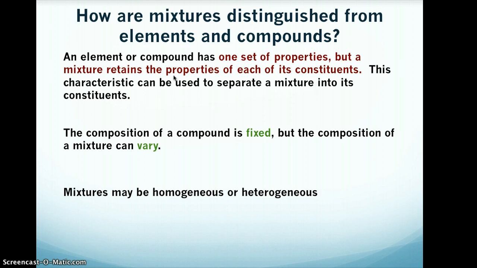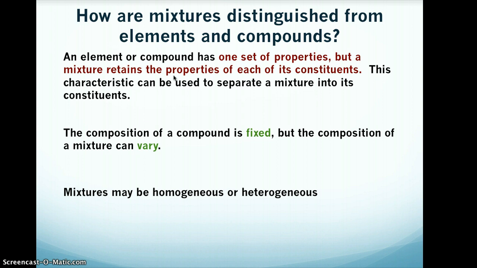Mixtures may look like they're unified, or they may look like they're made up of different substances. And we give those fancy names. For mixtures that appear to be uniform or made up of just one thing, the same throughout, we use the term homogeneous to represent a mixture that appears to be uniform in composition.